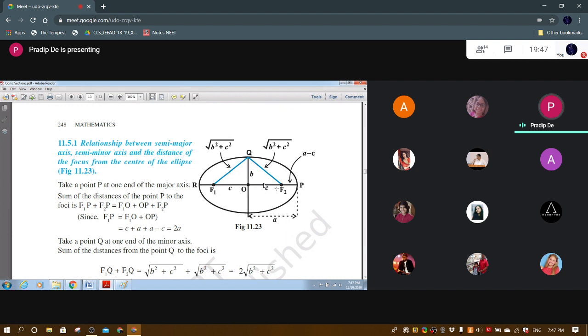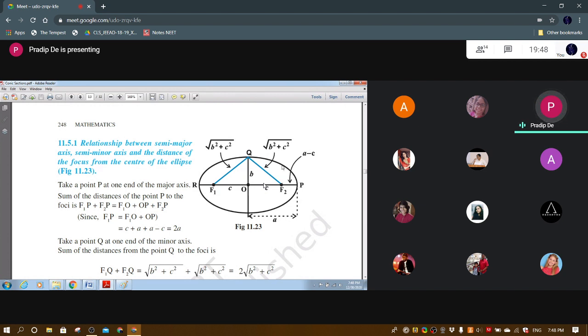So PF1 plus PF2 is equal to 2A. Now suppose P has gone to the point Q. Then again the same property will be satisfied. That is QF1 plus QF2 should be equal to PF1 plus PF2. We have just found that PF1 plus PF2 is 2A. And you know, this 2A is actually the length of the major axis.